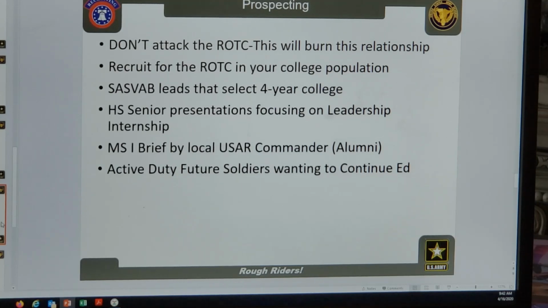Think about it this way. If you have that whole college population, if you are helping build that ROTC population by enlisting people as SMPs throughout that college year, now you're building that relationship and it becomes a little bit better.